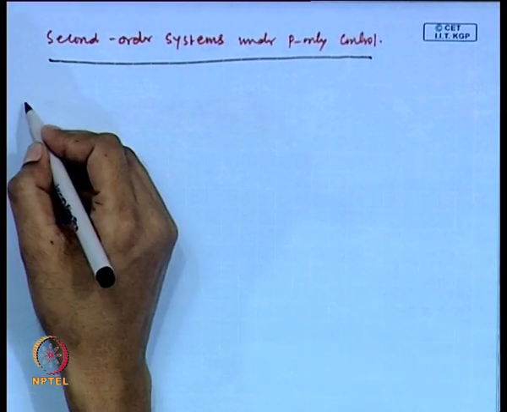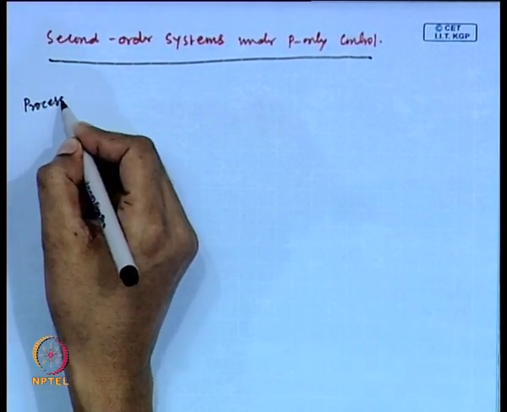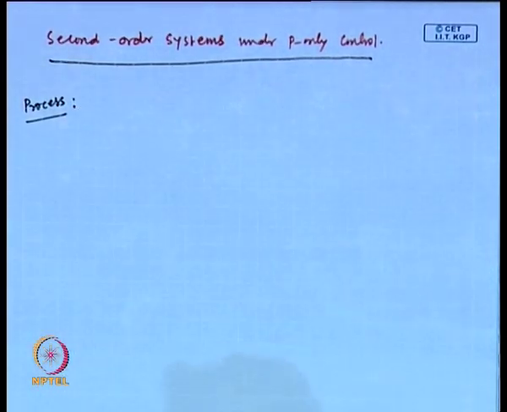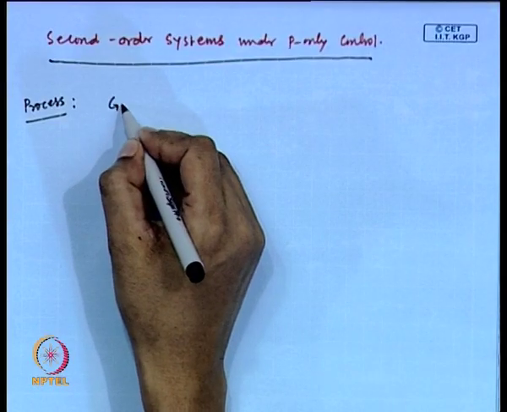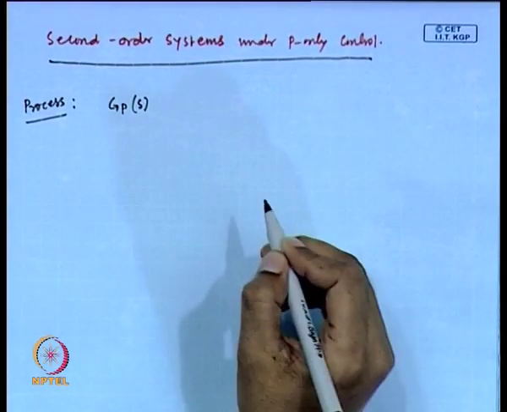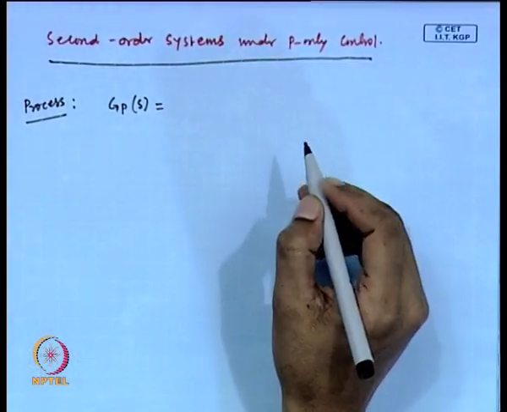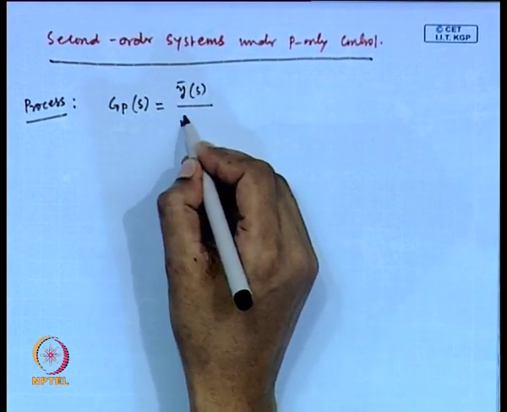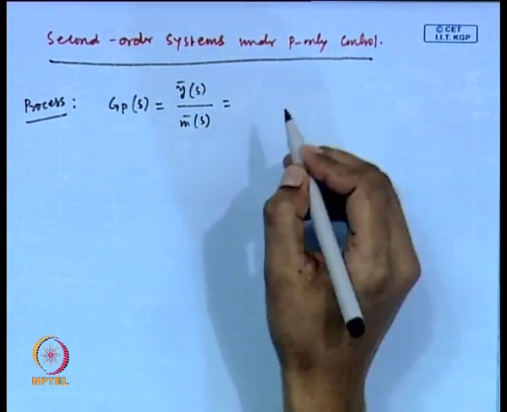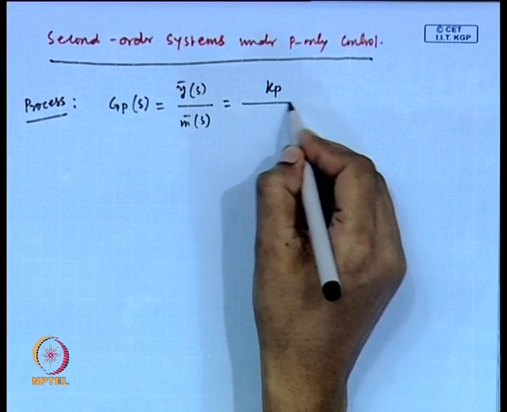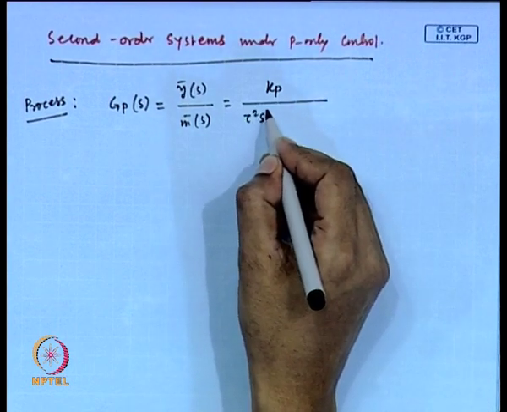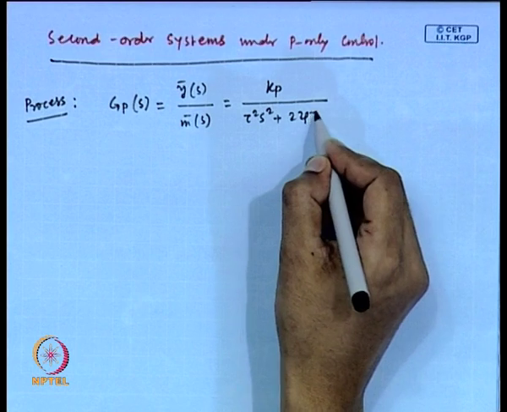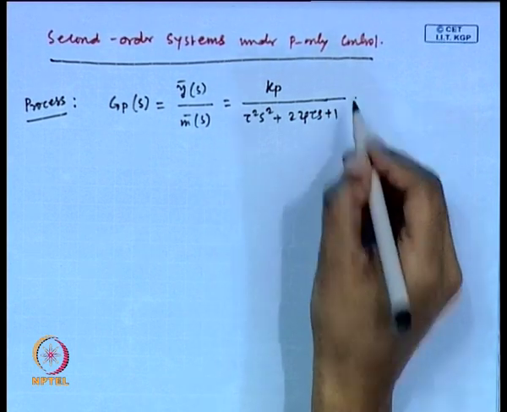Fine. The first element of the closed loop process is the process, I mean the open loop process. The transfer function of a second order process has this form: Gp(s) equals y bar(s) divided by m bar(s) equals Kp divided by tau square s square plus 2 zeta tau s plus 1.